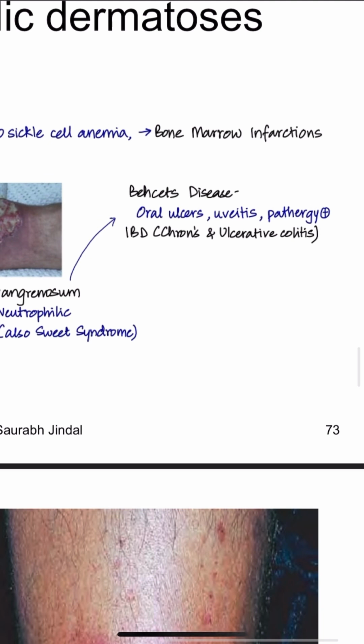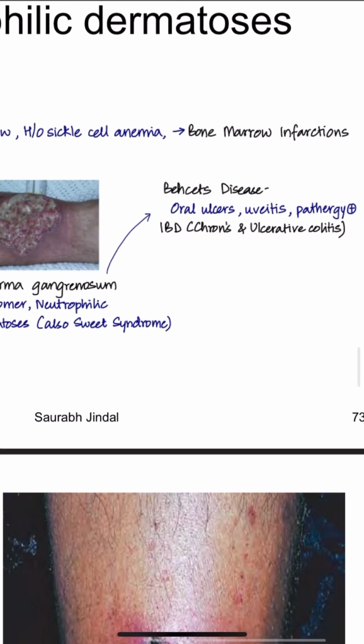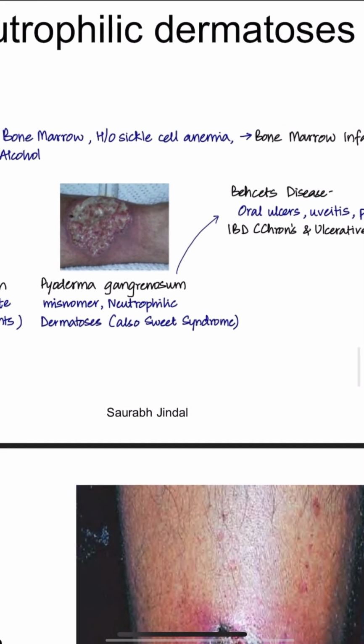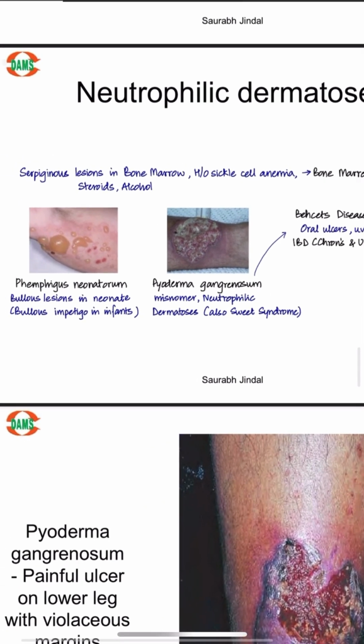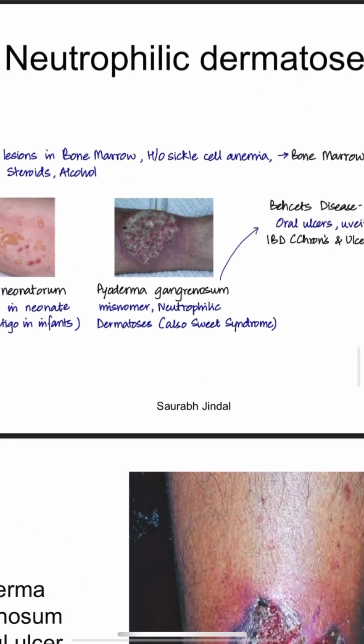In Behçet's disease, oral ulcers can be seen, uveitis and pathergy test positive. It is seen in Crohn's and ulcerative colitis, which are inflammatory bowel diseases associated with it. This pyoderma gangrenosum is a misnomer. It is not gangrene, it is neutrophilic dermatosis, which is also known as Sweet syndrome.